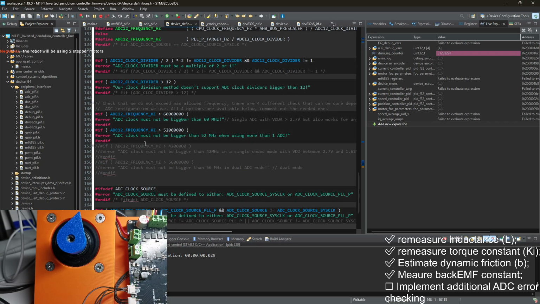The robot will be using 2 stepper motors. No, the robot will be using 2 PMSM motors. Stepper motors are for losers, for weak people. We are strong. We can do it on PMSM motors and custom firmware and custom drivers and custom everything. Who needs stepper motors?